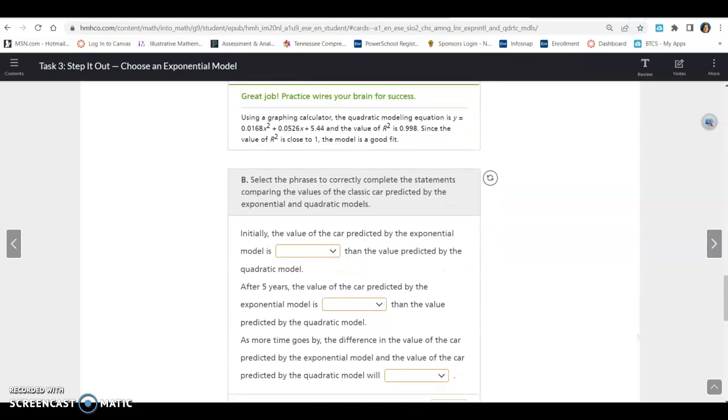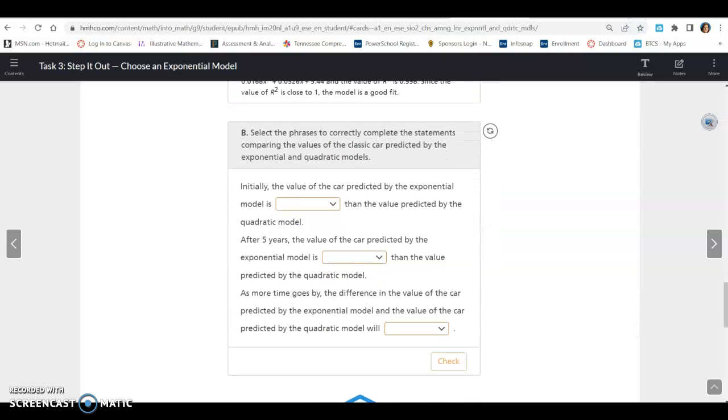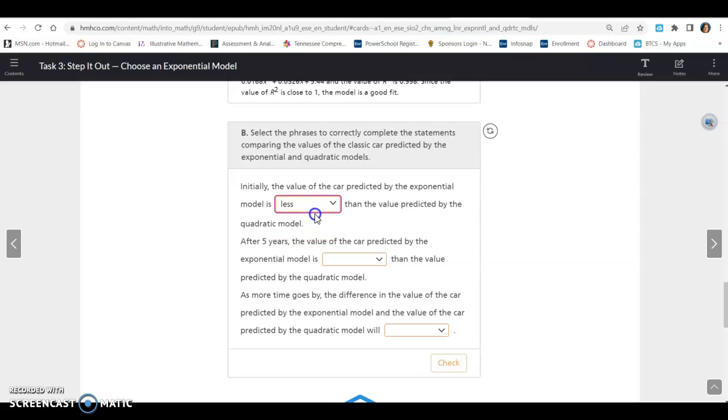All right, so it says select the phrases to correctly complete the statements, comparing the values of the classic car predicted by the exponential and the quadratic model. All right, so initially the value of the car predicted by the exponential model is less than the value predicted by the quadratic model.